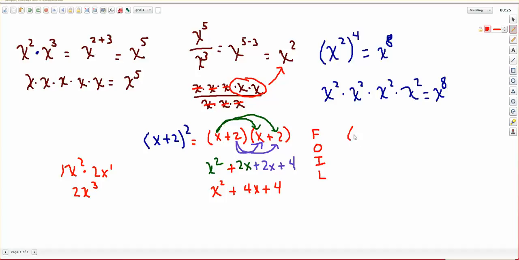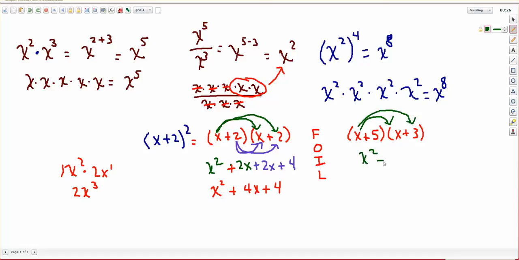Alright, so let's see here. We'll do x plus 5, and x plus 3. So we'll distribute the x to both. X times x is x squared.